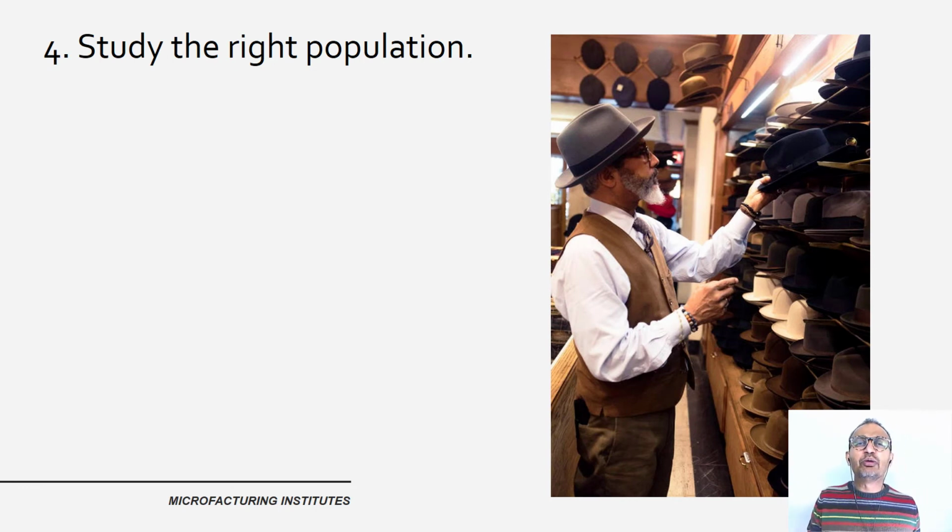And are you studying the right population? This is another thing about experimentation where you want to choose a subgroup amongst your customers that matches. I'm talking about customers, but it could apply to any place.